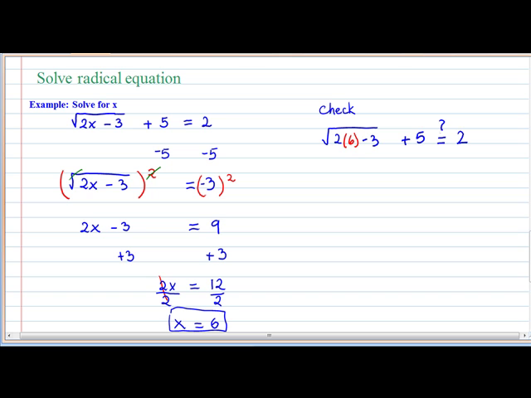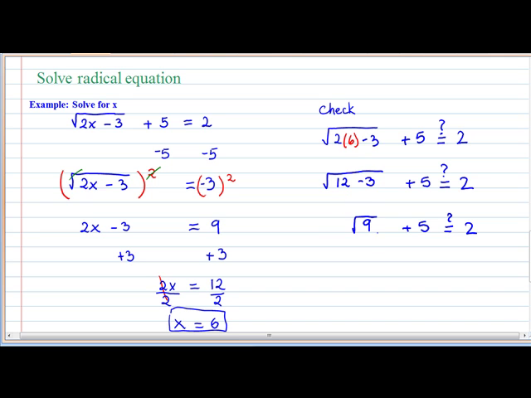I will check the answer, so I'm going to put a question mark here. Now let's simplify. I have the square root of 12 minus 3, plus 5. Is this equal to 2 or not? That's why we put the question mark there. So now I have the square root of 9 plus 5, equal to 2 or not.